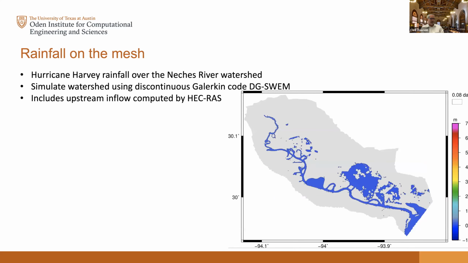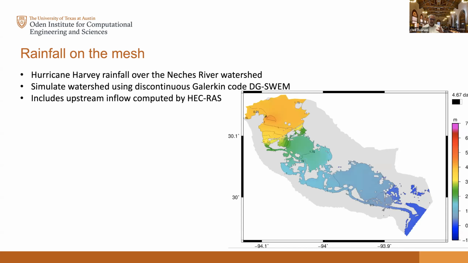So finally, going back to Hurricane Harvey, revisiting this test case of the Neches River, we've now introduced rainfall on the mesh. We still have the water coming down the river from upstream. If we include all these effects together, and this simulation was run using our discontinuous Galerkin code, then you can see how there's ponding due to the rainfall.